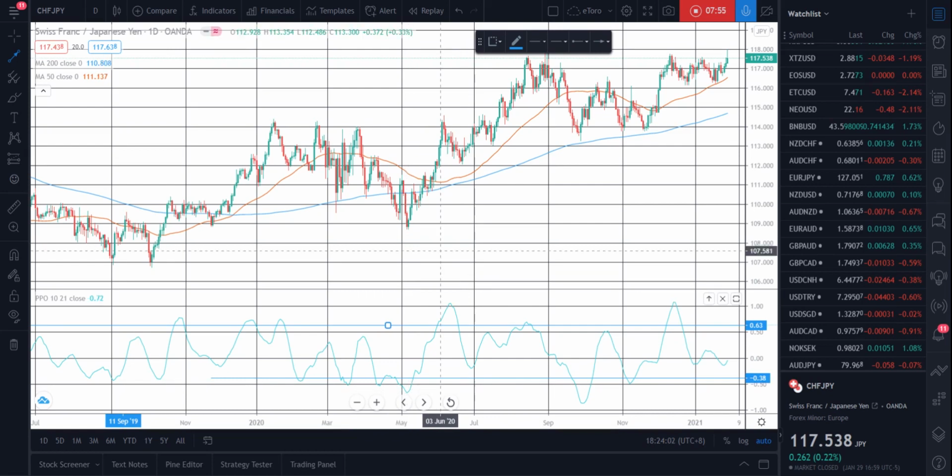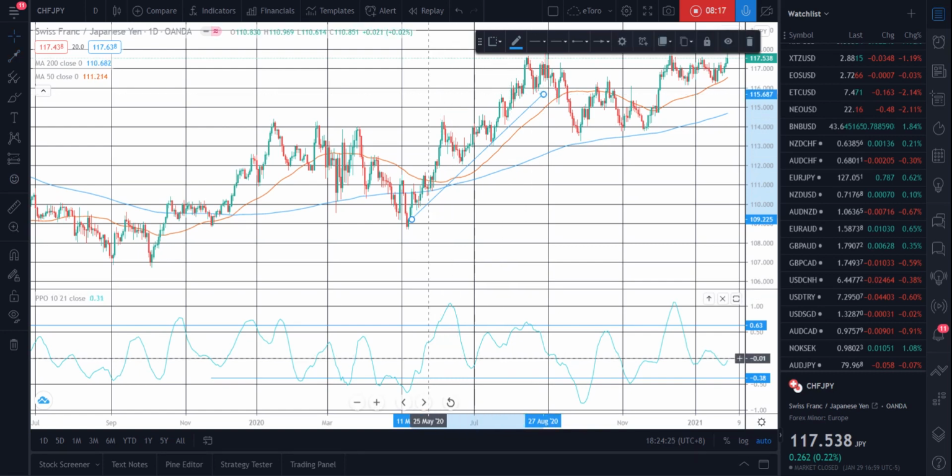Here we are in oversold and we are in an uptrend. Don't forget, in an uptrend, you are going to buy only. Okay, we are in oversold in an uptrend here. So we put a buy order here and price goes up. Perfect.